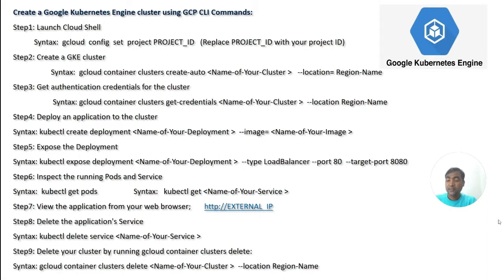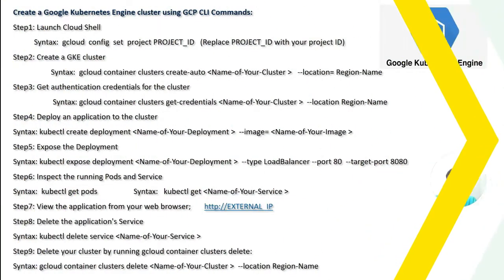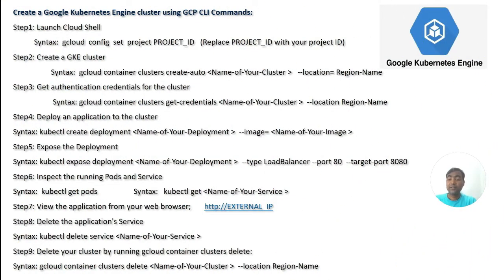In the next step, after deploying the application, you need to expose it to the internet so that users can access it. You can expose your application by creating a service, a Kubernetes resource that exposes your application to external traffic.